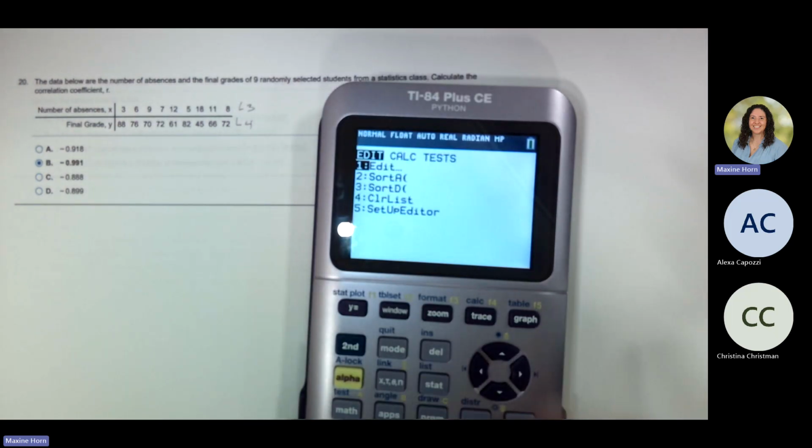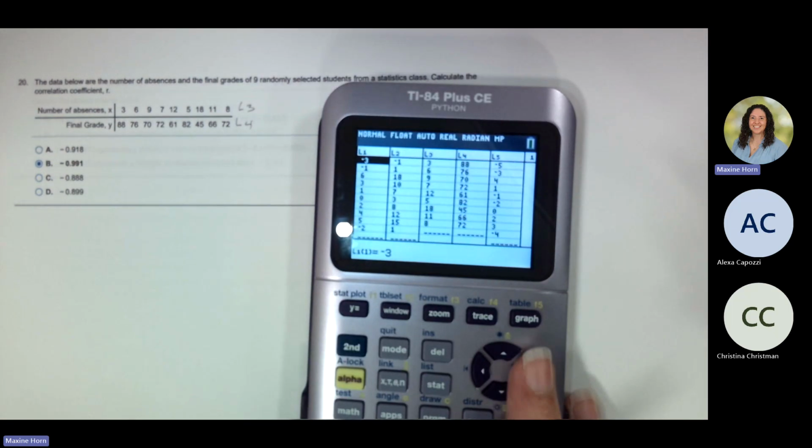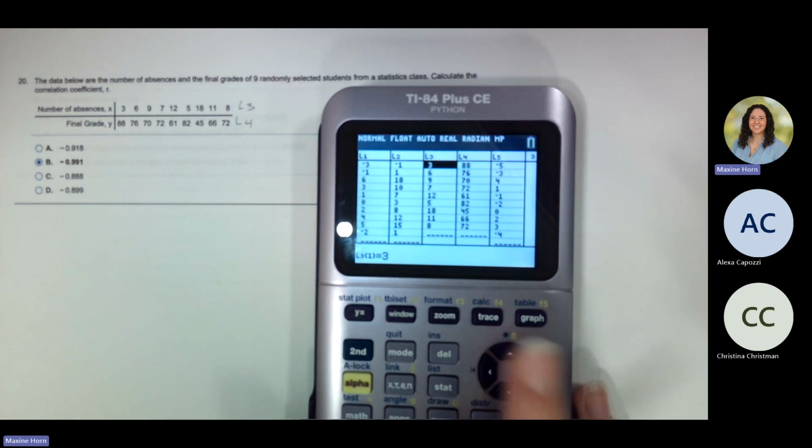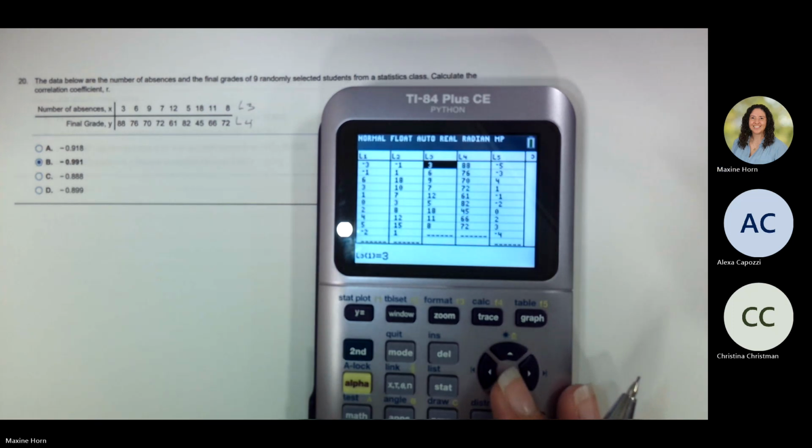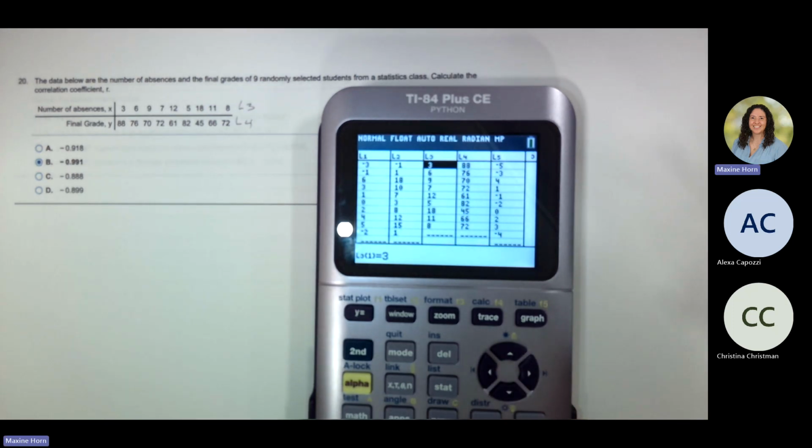So you're going to go to Stat, Edit, and you're going to put them in their list. Like I said, I'm doing 3 and 4 just because that makes it easier so I don't have to type all these lists in live. Okay, so I have L3, L4.